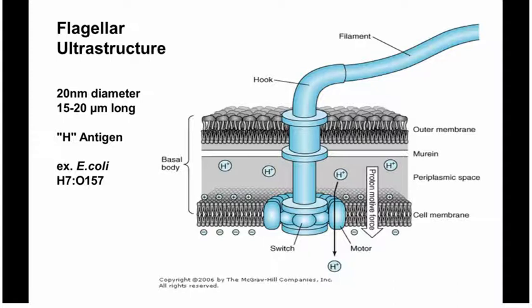If you see something like H7 O157, H is the serotype of the flagellar antigens, O is for the LPS. H is because these antigens are sensitive to heat. They're made of protein, they can be denatured, whereas the capsule antigens and the LPS antigens are polysaccharides, they resist heat.